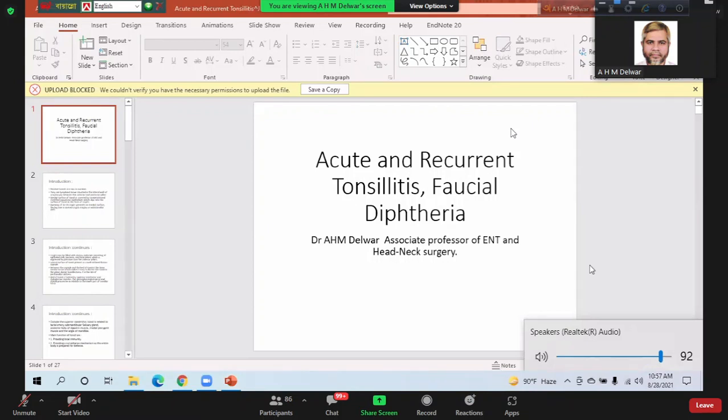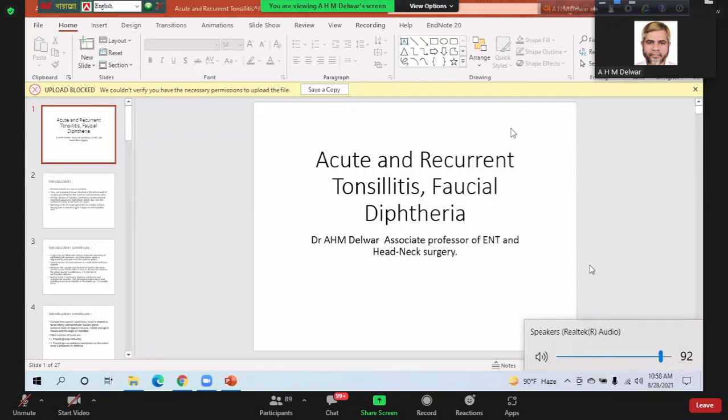When you see a child without any signs or symptoms of acute tonsillitis, but he or she is suffering from recurrent acute otitis media, then we go for an X-ray of the nasopharynx to see the adenoid, where the adenoid is enlarged.